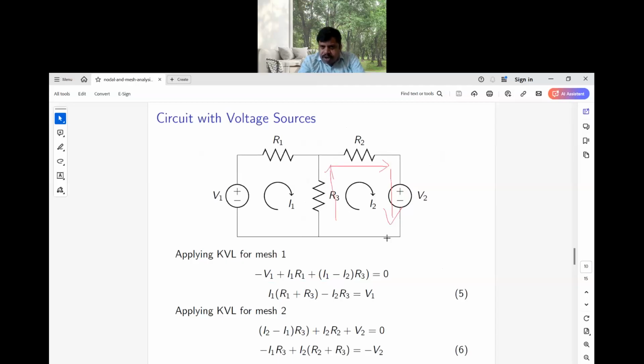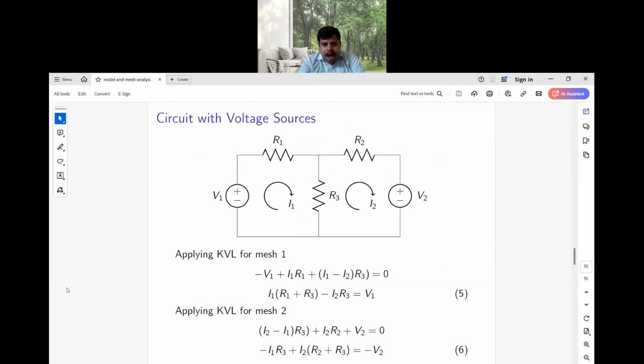We are taking the voltage V2 also as a drop because the loop current is entering the plus terminal. So you can take the reverse also. If you are taking I2 in the reverse direction, then you need to take V2 as source voltage, minus V2. So anything is valid. You can take either the clockwise direction or the anti-clockwise direction. Depending upon how you take the directions, your loop equations will vary.